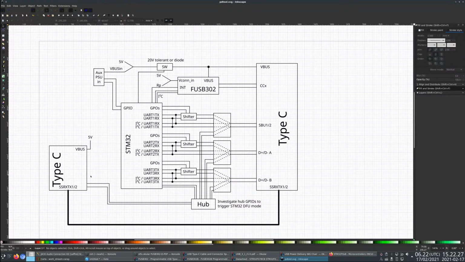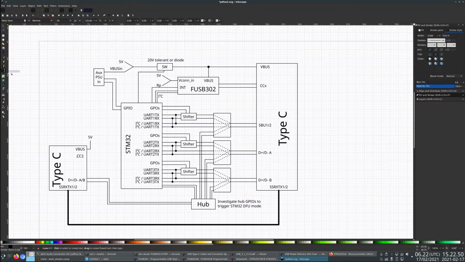Let me just finish this diagram. So we got D plus, D minus, A and B, which in this case are connected together because that's the correct thing to do when you're doing a simple USB to device on Type-C. And then for CC1, we would do the standard thing. So what was this? A pull down, whatever the value was.